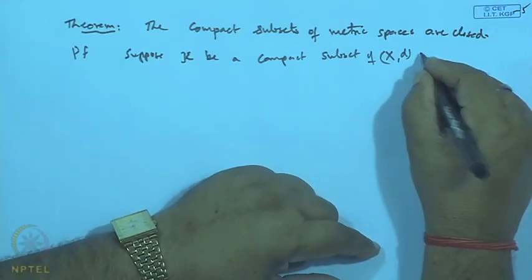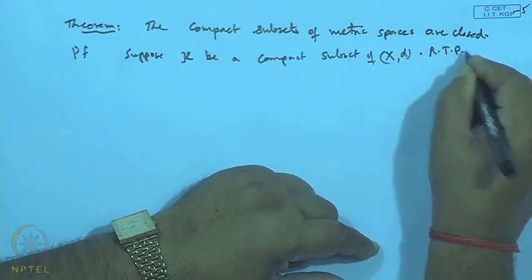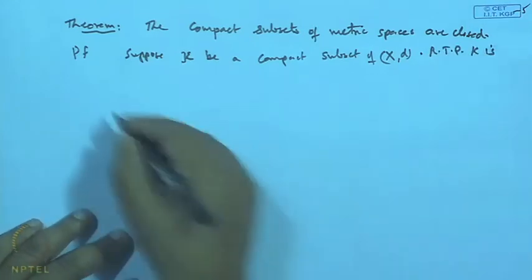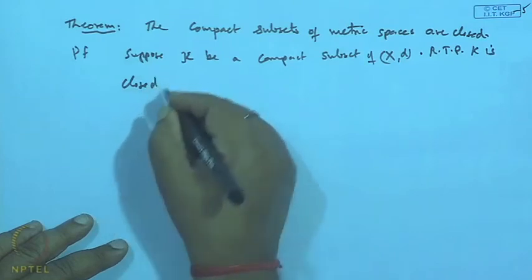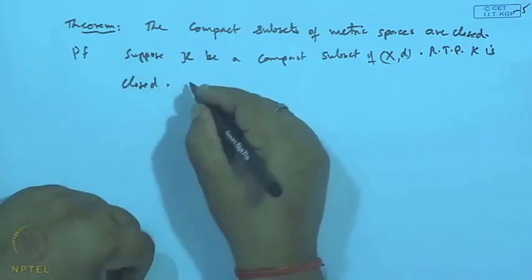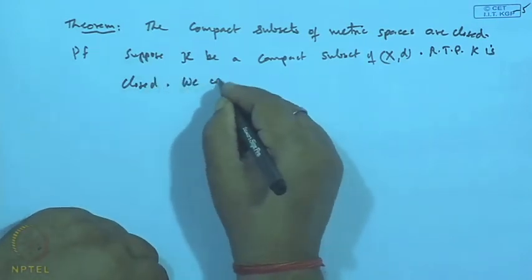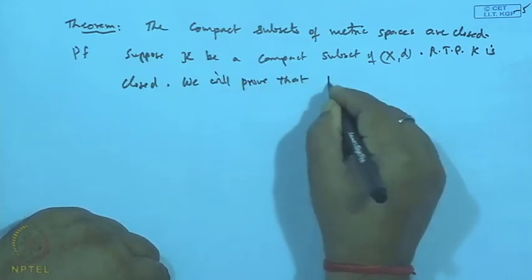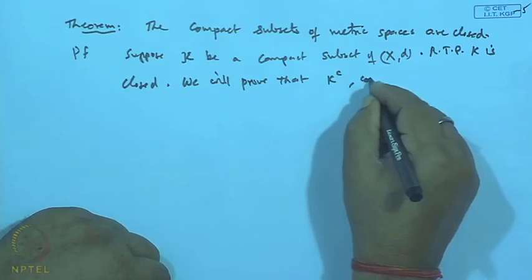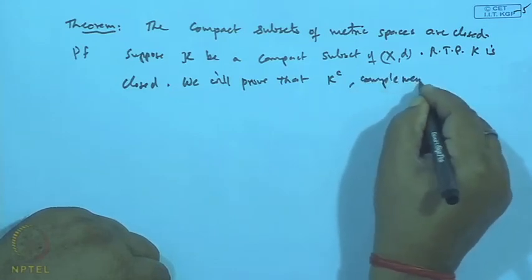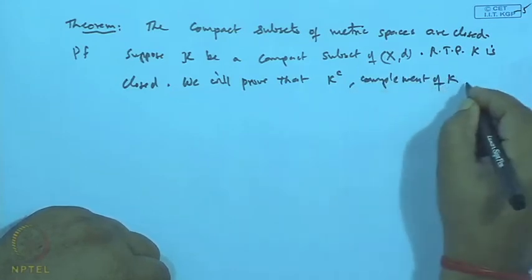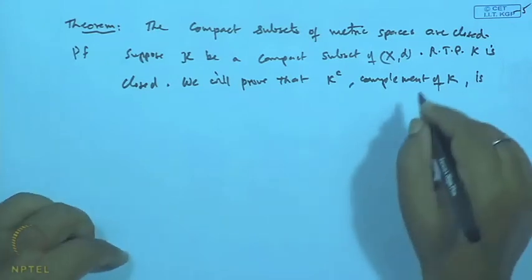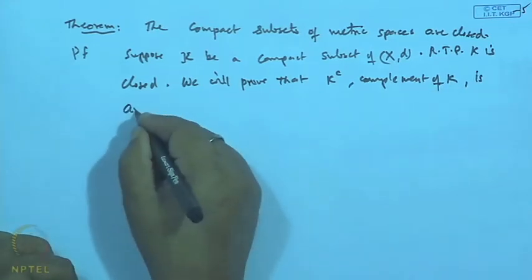So, required to prove is that K is closed. What we do is, we will prove that its complement, K complement, is an open subset of X.